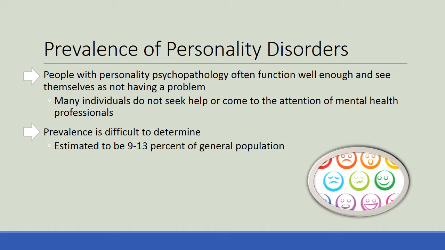The DSM-5 notes that 15% of U.S. adults have at least one personality disorder. Clients are also often misdiagnosed with bipolar disorder due to a highly unstable mood. So because of diagnostic uncertainty, prevalence is difficult to determine exactly.